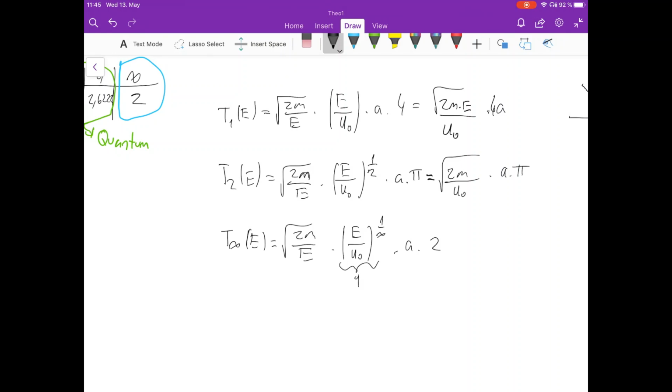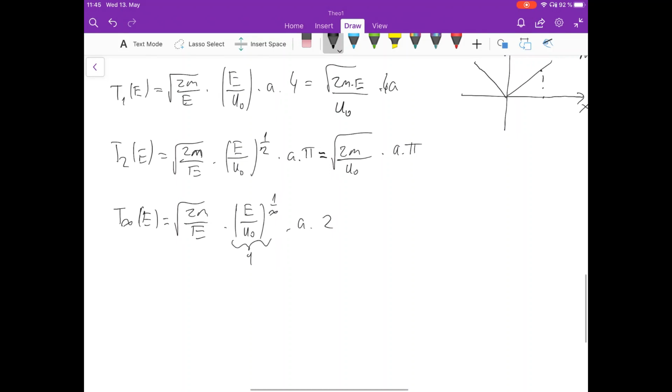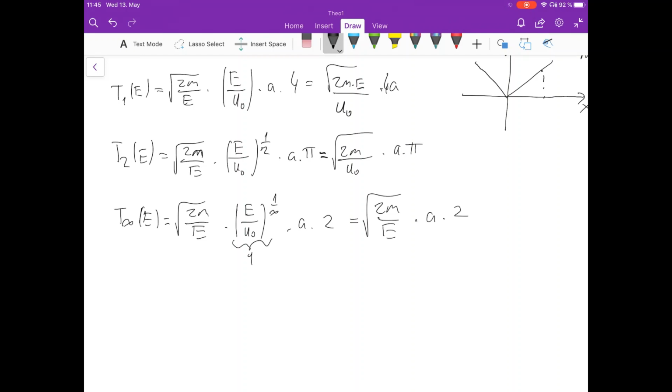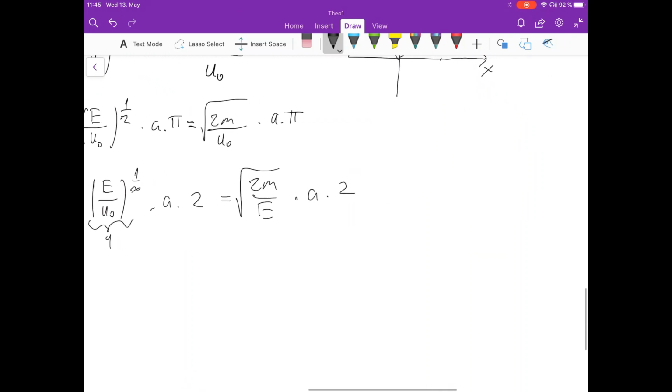Here we know from Analysis 1, this is going to be 1 because the infinite root of something is going to be 1. Not everything, but in this case, for the energy level not equal to 0. And therefore, this is going to be equal to the square root of 2m divided by E times a times 2.